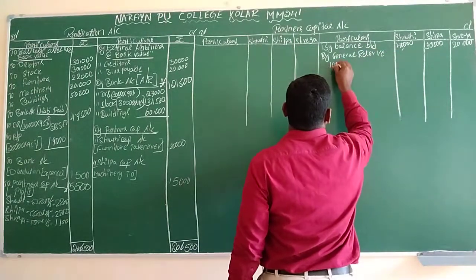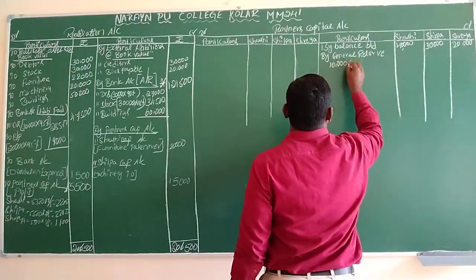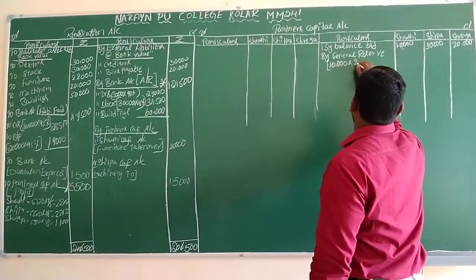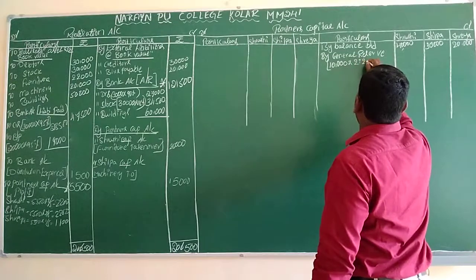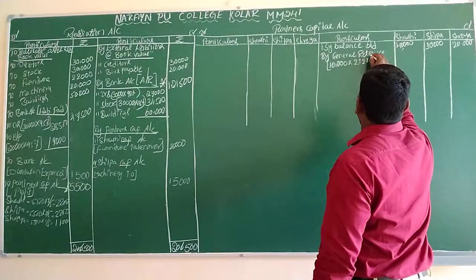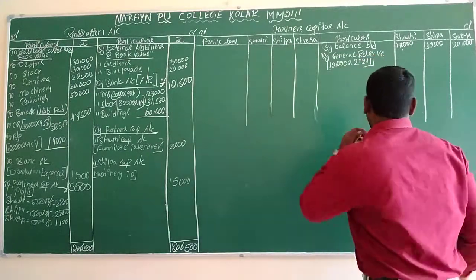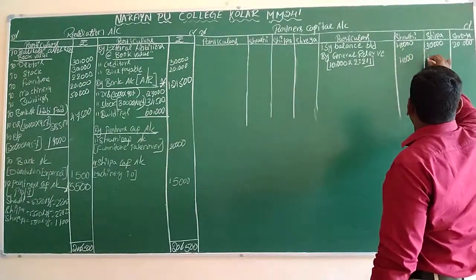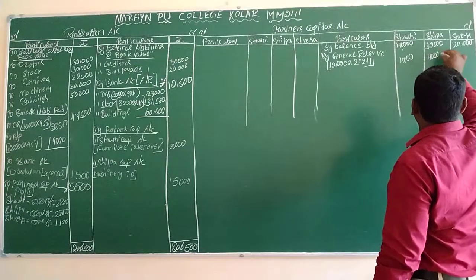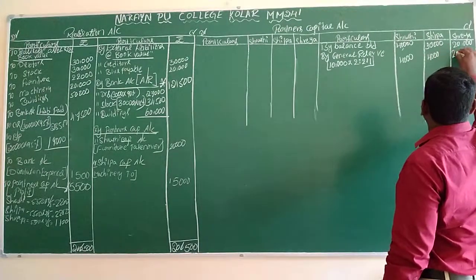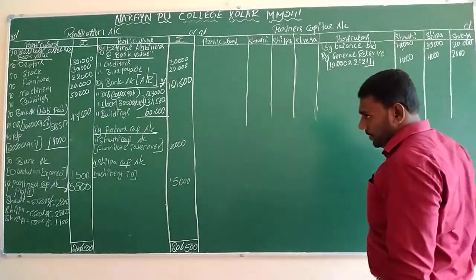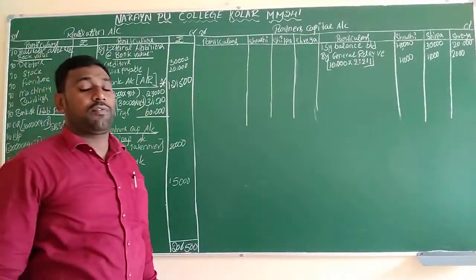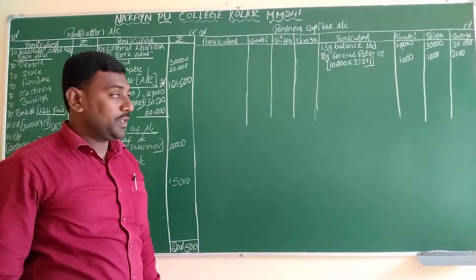The value of general reserve is 10,000, which we have to distribute in the ratio of 2:2:1. Therefore, the first partner will get 4,000, the second partner 4,000 and the third partner 2,000.